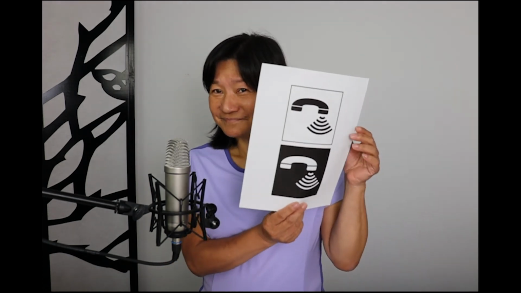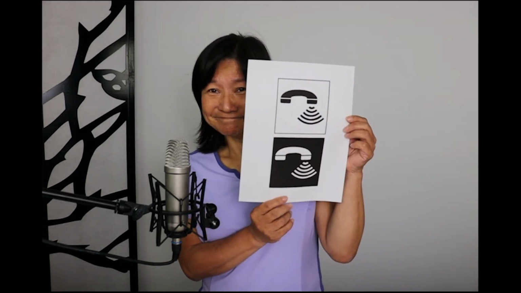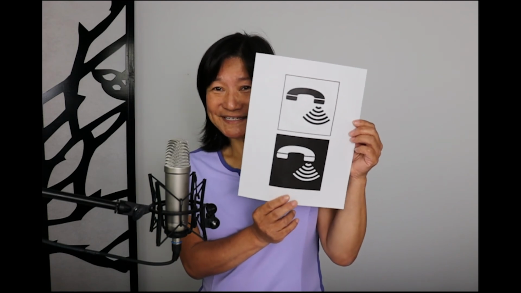Okay, the next one, you say, it is very simple, I know all of these. How about this one? Have you seen this before? Okay, so that is a telephone with some waves coming out from one end. So if you see this, that means that is a volume control telephone. Not all telephone sets are able to control the volume.